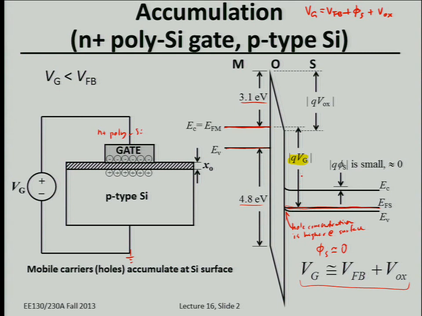That difference is equal, in magnitude, to q times VG. So the more negative you make the gate, the more the bands on the left move up, and the more the Fermi level splits between the gate and the semiconductor. Any questions about anything on this slide?